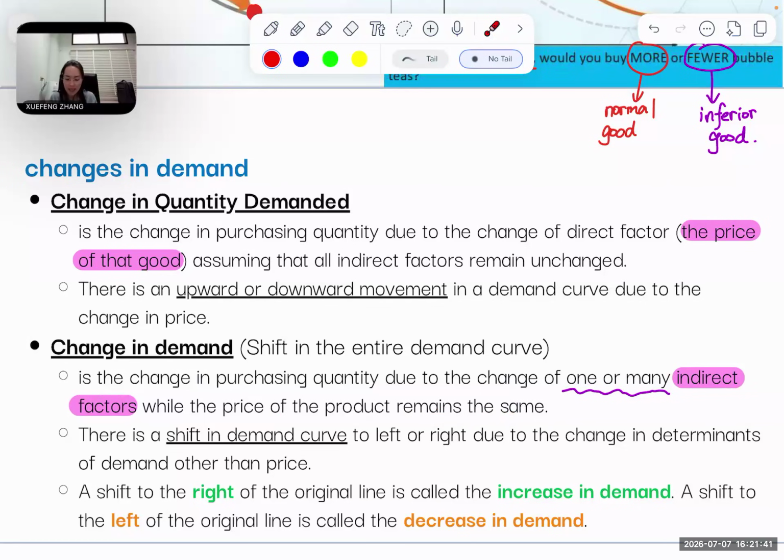So it is a shift in the demand curve to the left or right due to the change in determinants of demand other than price. A shift to the right of the original curve is called an increase in demand, and a shift to the left of the original curve we call a decrease in demand.